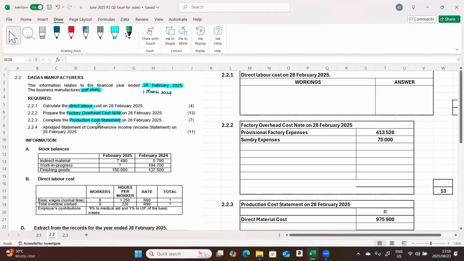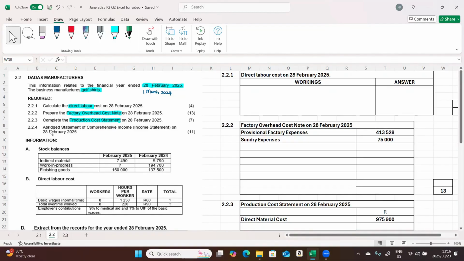That is to calculate the cost of my finished goods for the financial year. That is the reason why we set up the production cost statement. What did my production actually cost me during this financial year for my completed or finished goods? That is what that statement is for.